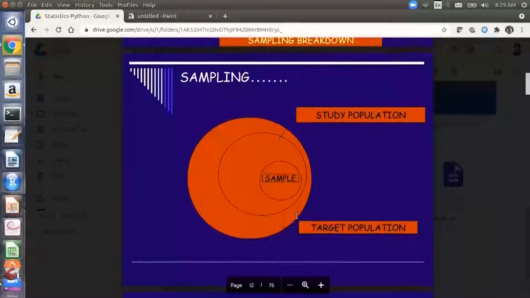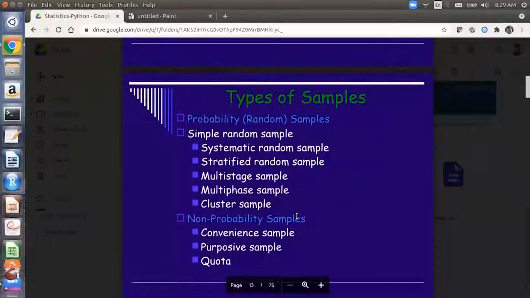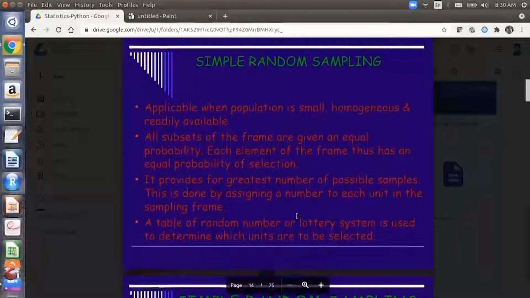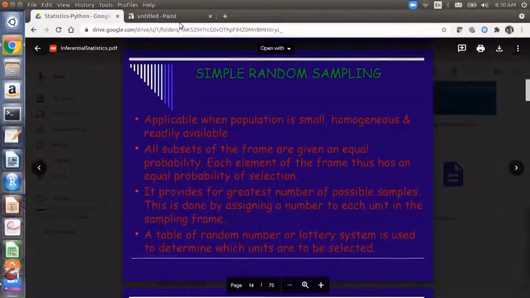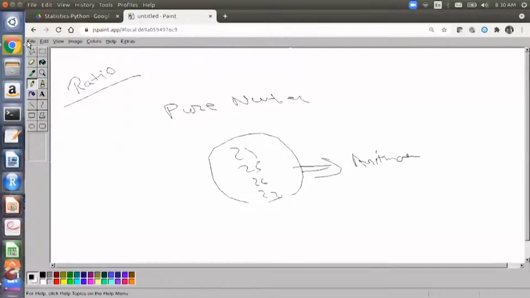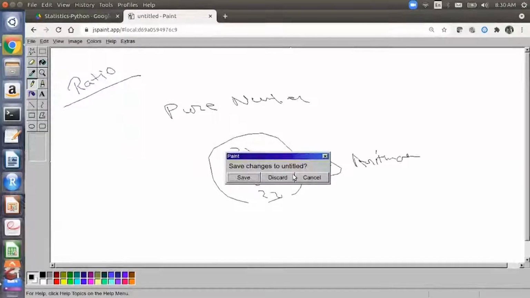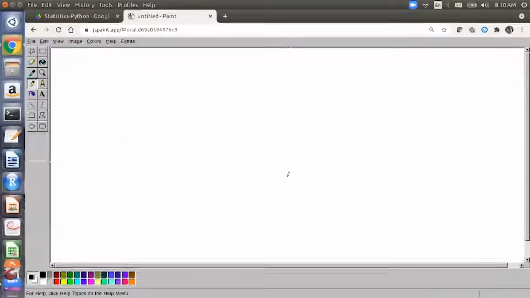Now, types of sampling. We will discuss what types of sampling are available. Again, I will discuss only the conceptual part. Theory you can read at home, because I will not be reading the slides for you. First type of sampling method is simple random sampling. Now, I'll tell you what simple random sampling is. It is very simple.